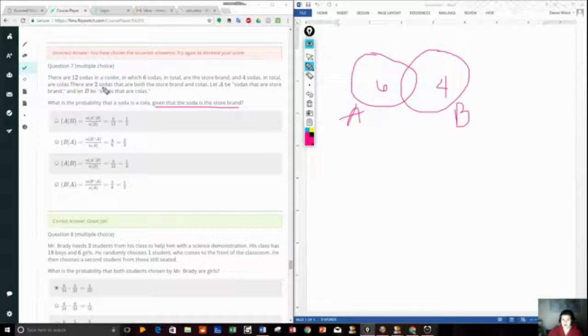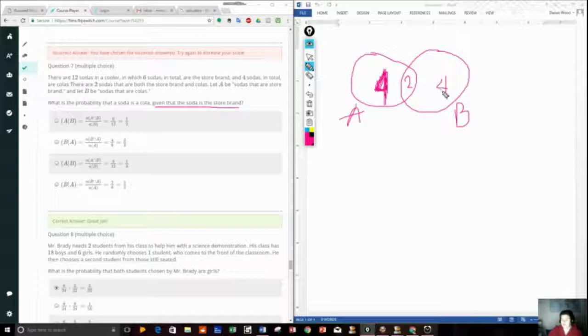And there are 2 sodas that are both the store brand and colas. So since there's 2 here, and they said there was a 6 total, I've got to take 2 from 6, which leaves me 4 that are store brand and not colas.